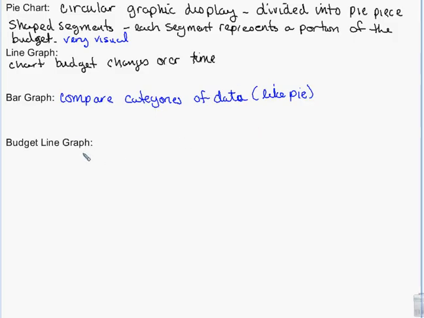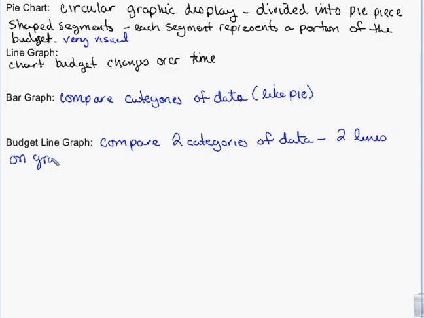And then you have a budget line graph, and that's where you compare two categories of data. So you've got two lines on the graph.